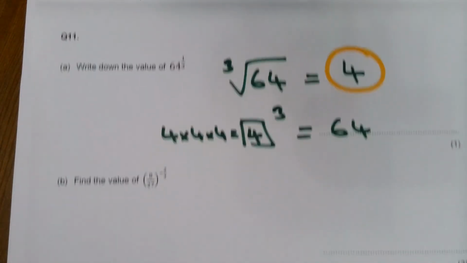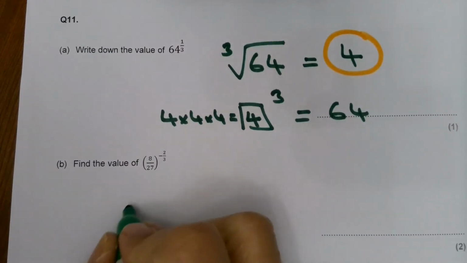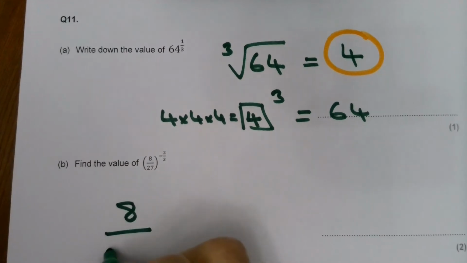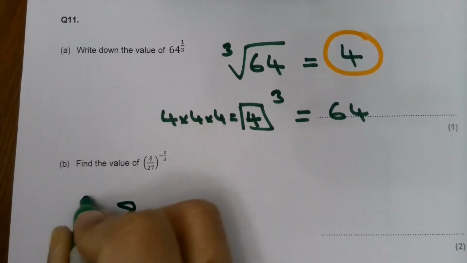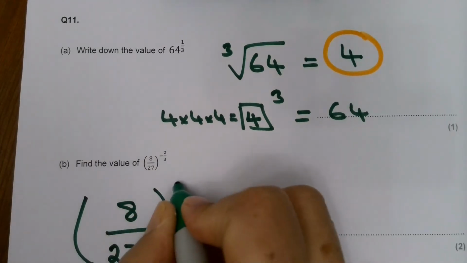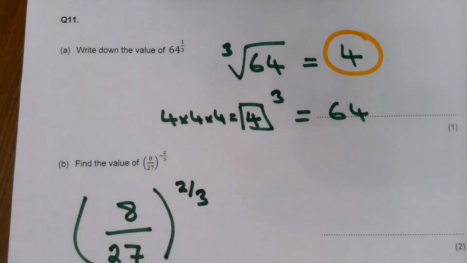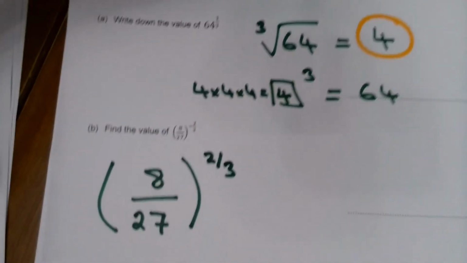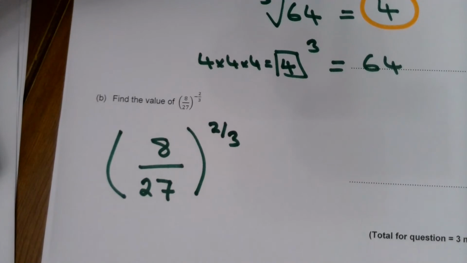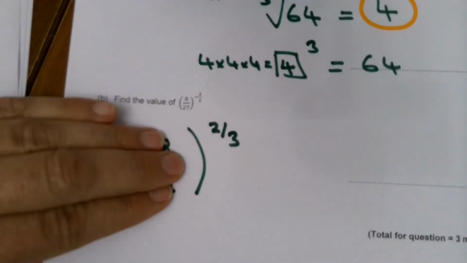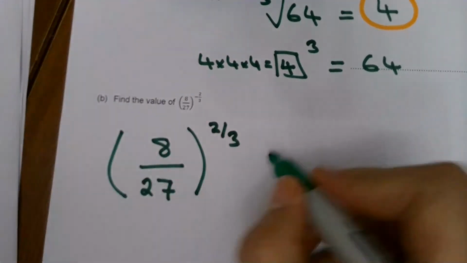Okay, part B, a super hard question. Whenever you have a negative fractional power, just think about the positive power first. So I'm going to work out what this is to the power of 2/3.